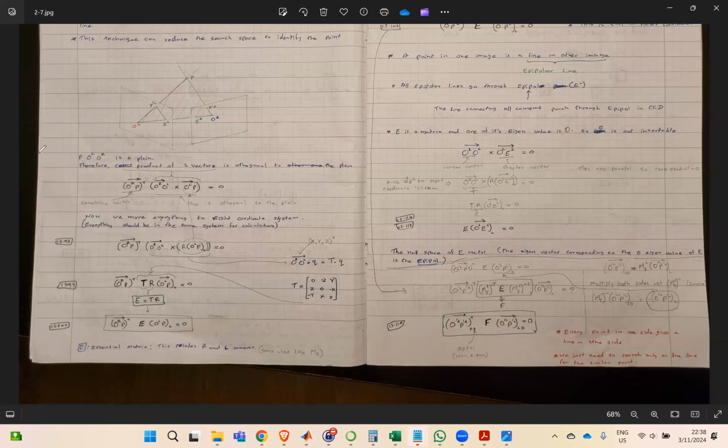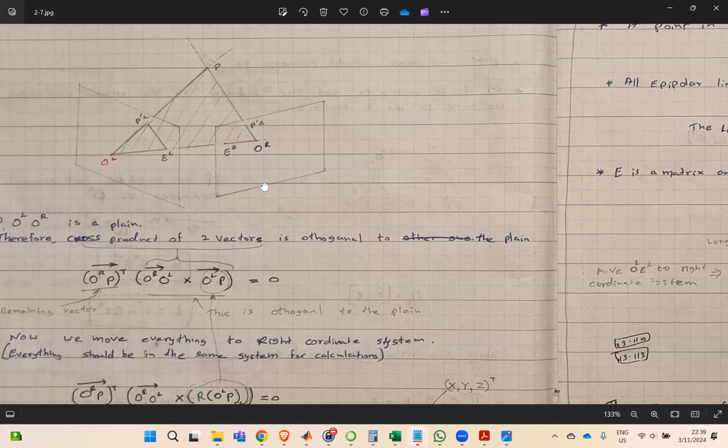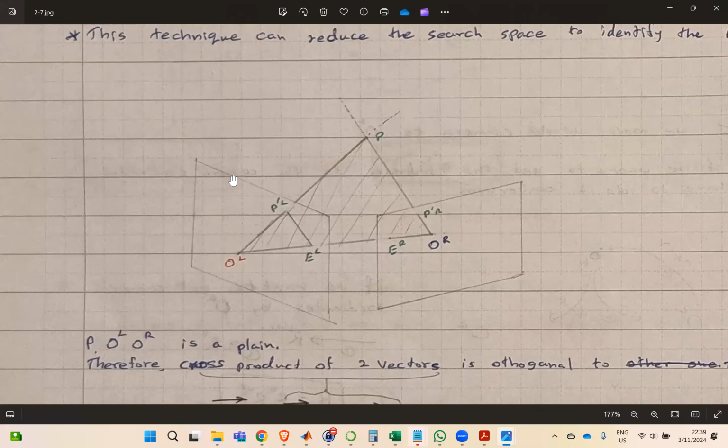So I will draw it again. Let's say we have one point P, and P is observed by the left and right cameras. When the epipole is created, the EL is created. This point is always there.